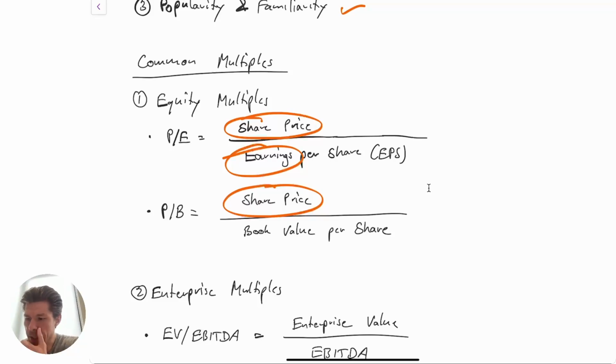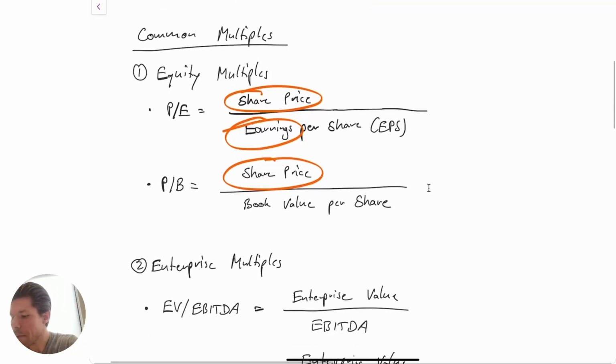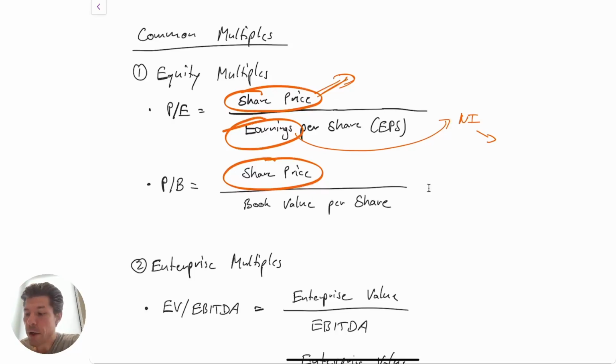Very important here, and this is applicable for both multiples, we usually assume or ensure that the numerator matches with the denominator, meaning share price information and earnings. If you look at earnings, also called net income, and then per share, net income is available to equity holders only. That's why we can compare or use net income, earnings, with share price. This is an equity figure as well.